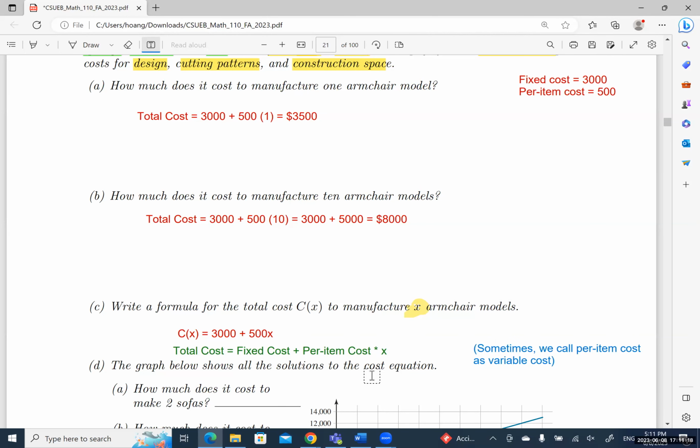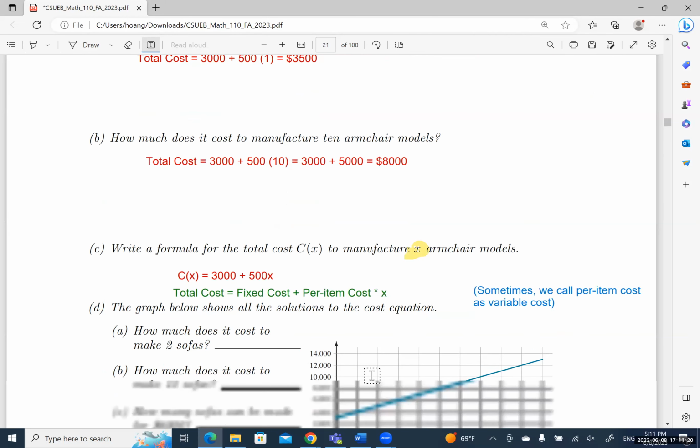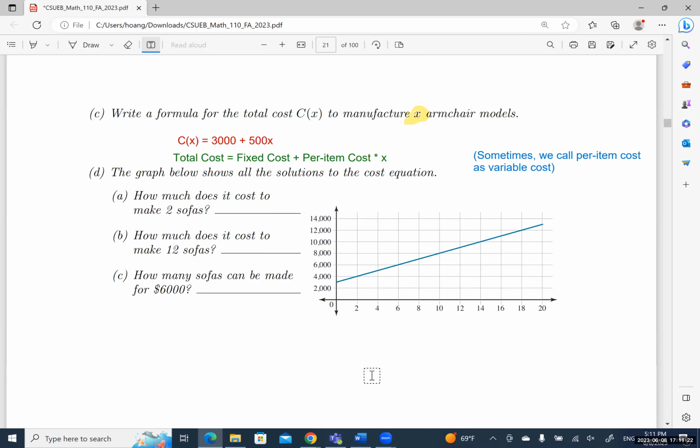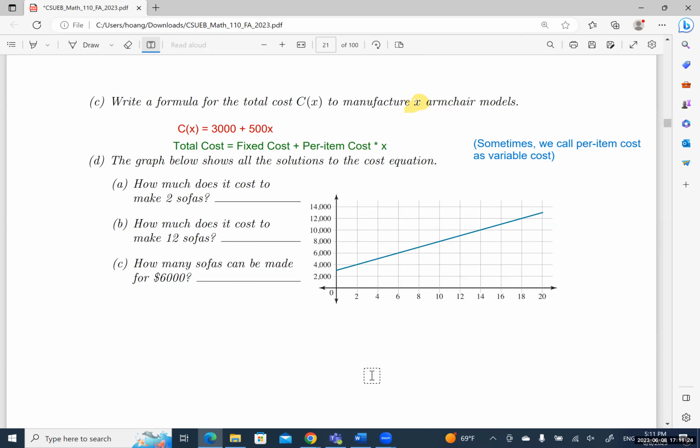So let's move to the next column. The graph below shows all the solutions to the cost equation. So you can see it is a cost function, right? And in real life, we just consider from zero items here. So you have items, right? And it is cost. Okay.